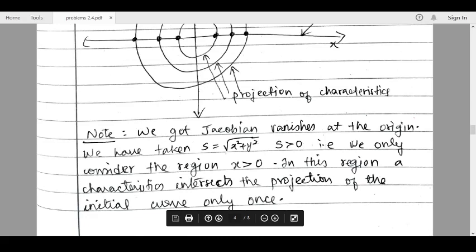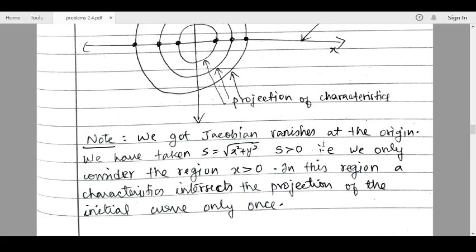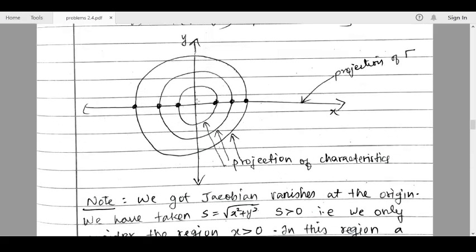So we consider only the case when s is positive. And this corresponds to the region x greater than 0. We can see that when x is greater than 0, the initial curve and the characteristic curve will intersect only once. If we consider the other region also, then there is another intersection.